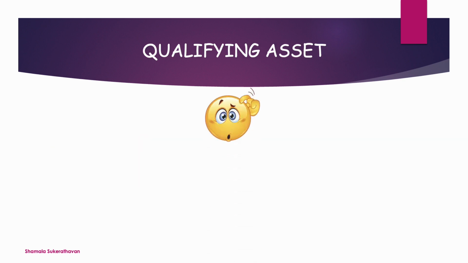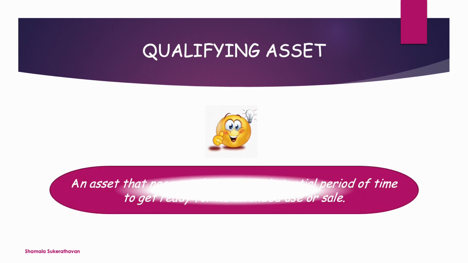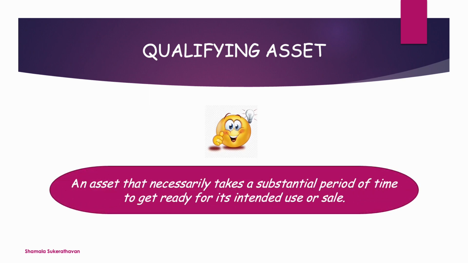What is meant by a qualifying asset? A qualifying asset is one that necessarily takes a substantial period of time to get ready for its intended use or sale. IAS 23 does not quantify the term substantial period of time. Thus, management would have to exercise judgment when determining which assets are qualifying assets, taking into account factors, amongst others, the nature of the asset.